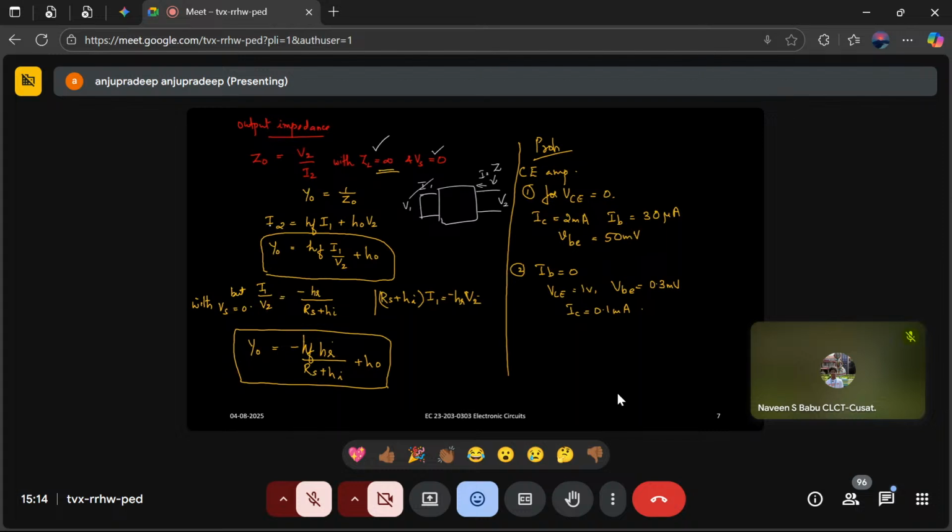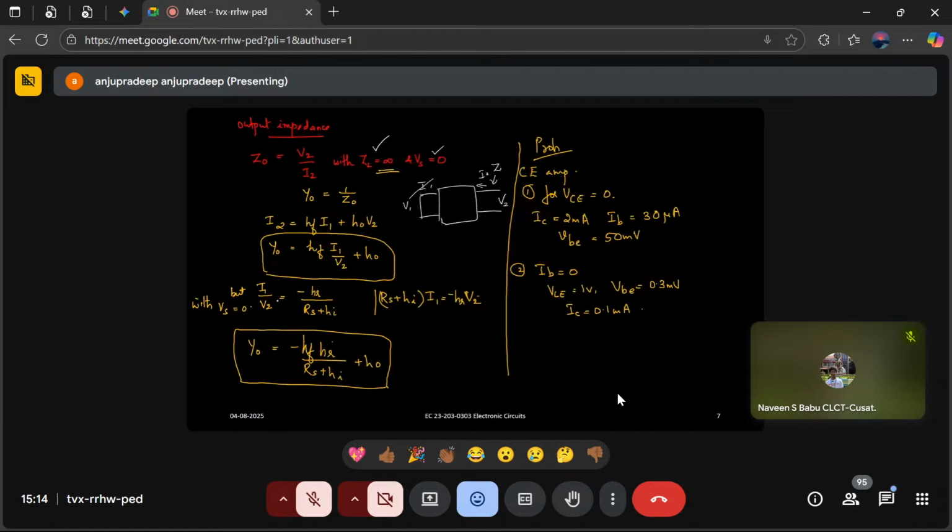How do you get this as Y0? You are dividing by V2. All the terms are divided by V2. So current by voltage, that will be equal to admittance. So I2 by V2 is Y0, HF I1 divided by V2, HO V2 divided by V2. That is how you get this equation.